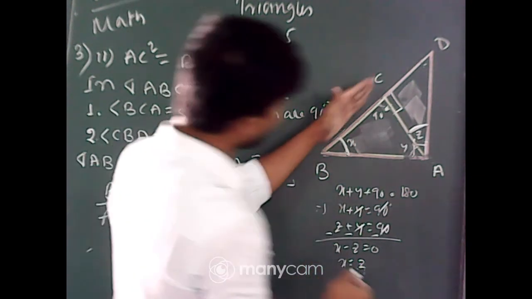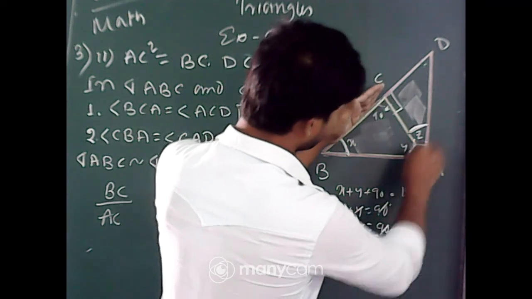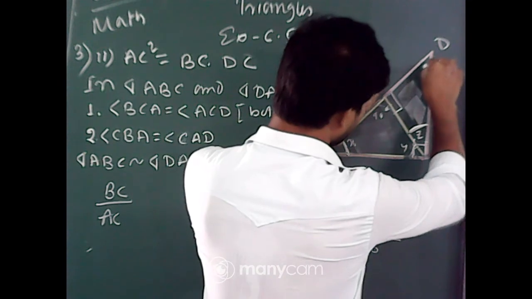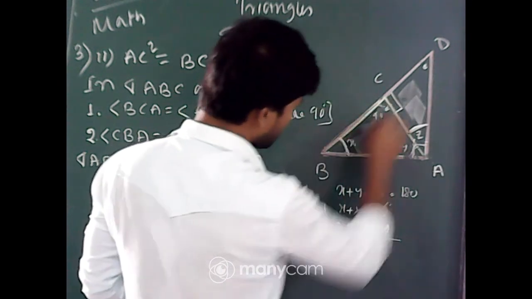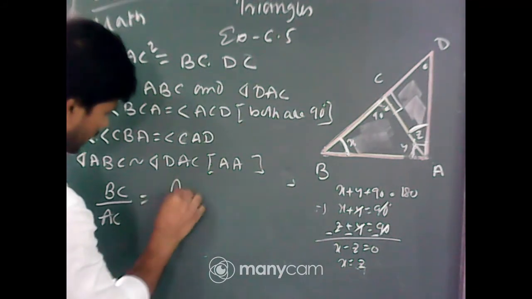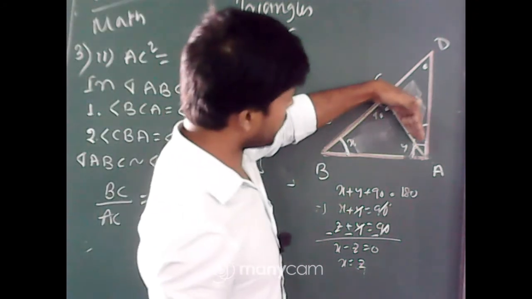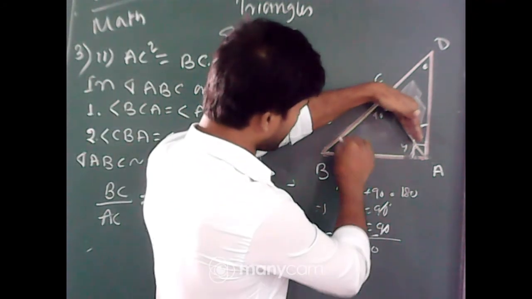What is the opposite angle of this side? This is y, and this angle is equal to this angle. So the corresponding side of BC will be CA. So AC by corresponding, how to find the corresponding side of AC? AC means which side? This side. What is its opposite angle?